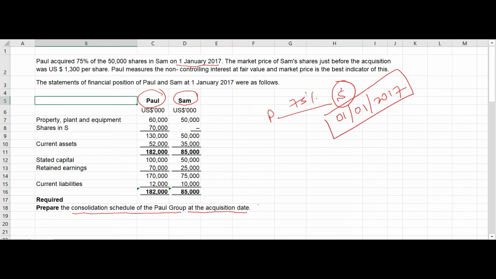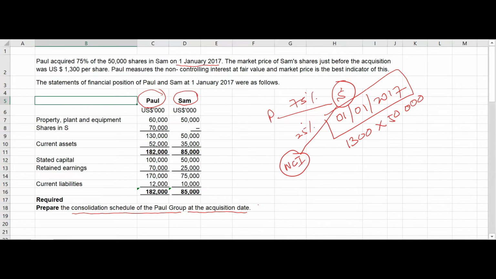On this date, the share price was 1,300 per share. So how many shares were there? 50,000 shares. And 25% of the shares belongs to the non-controlling interest.